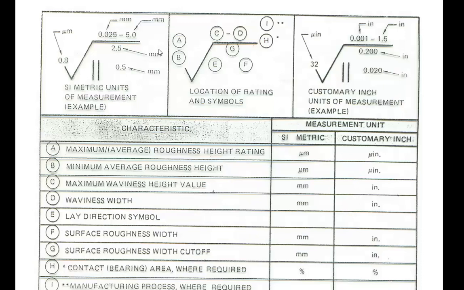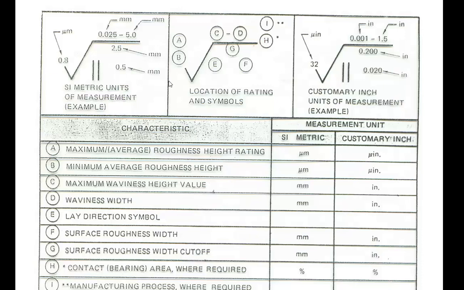All the other dimensions, the numbers in the vicinity of the surface finishing symbol and also the dimensions of the features, are all shown in millimeter, but only roughness height is expressed in micrometer.